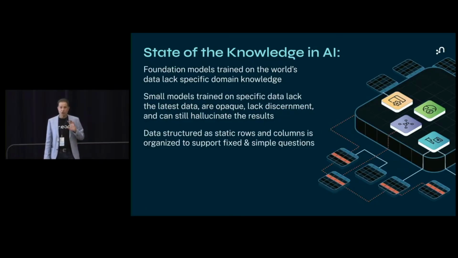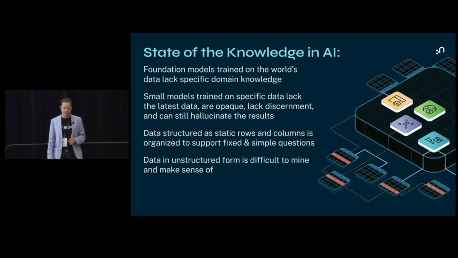Data structured as static rows and columns is great. That's where most data is. And that's good for answering fixed and simple questions. But if my questions get super intricate and complex, and I don't know in advance what the next question is going to be, then this is where graphs have always shined. I've been doing this for more than a decade, and this has been the main reason for using graph technology.